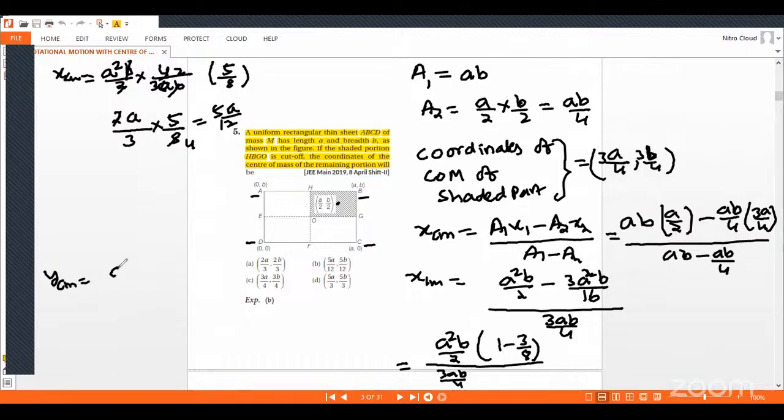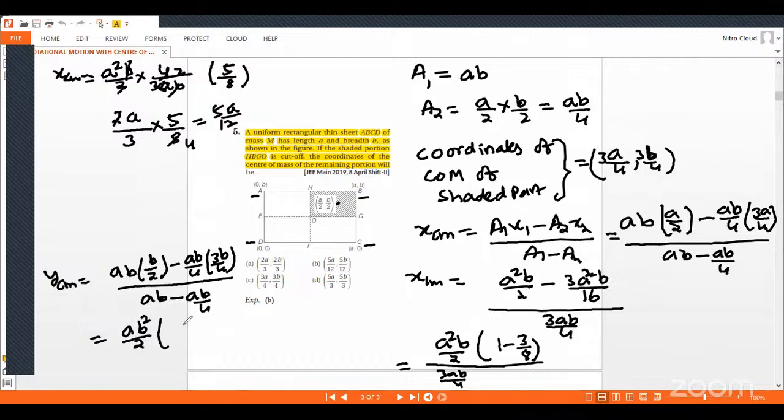that is AB into B by 2 minus AB by 4 into 3B by 4 divided by AB minus AB by 4. So AB square by 2 take common 1 minus 3 by 8 divided by 3AB by 4.